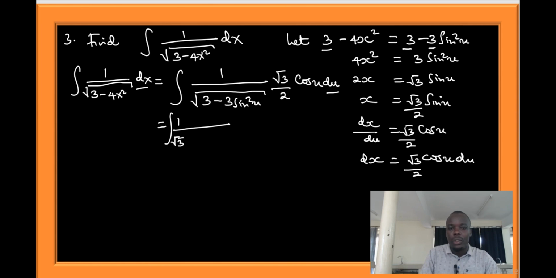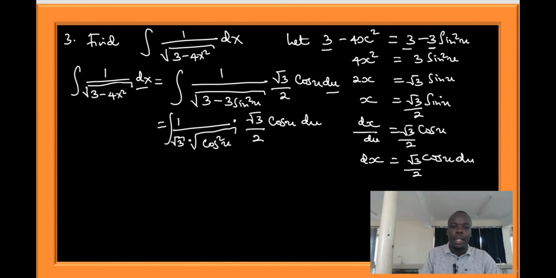Then you also have a root of 1 minus sine squared, which is cos squared of u. Now I have my root 3, by the way, up here. I have my 2, I have my cos of u, and I have my du.